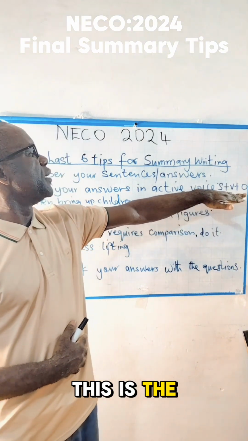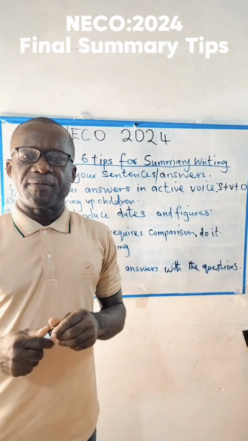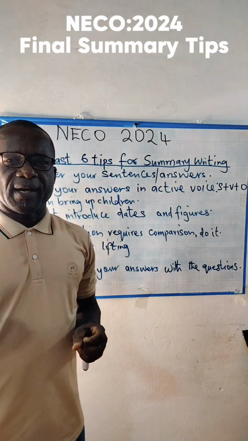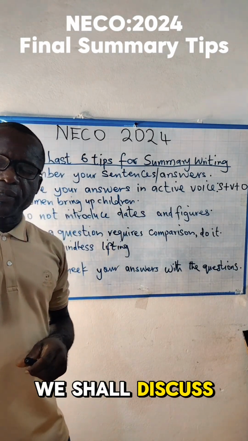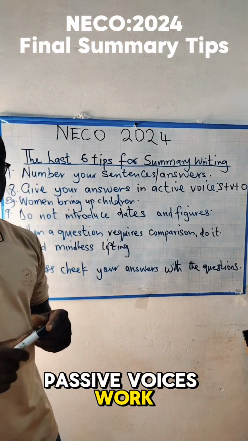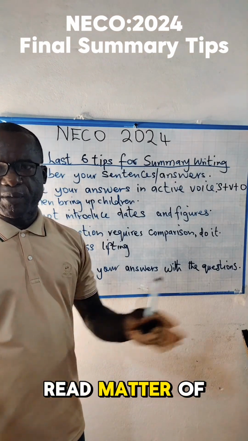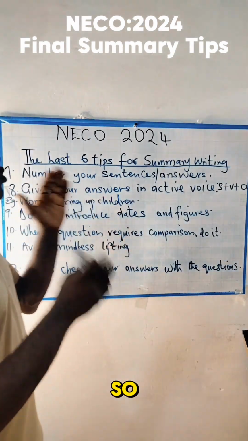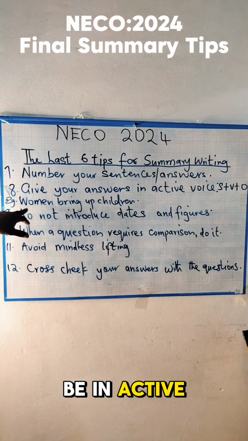This is the standard structure for sentences that are in active voice. Maybe as we go on in this series, we shall discuss in detail how active and passive voices work. But it's just an aspect of grammar that has to do with the arrangement of sentences. So your answers must be in active voice.